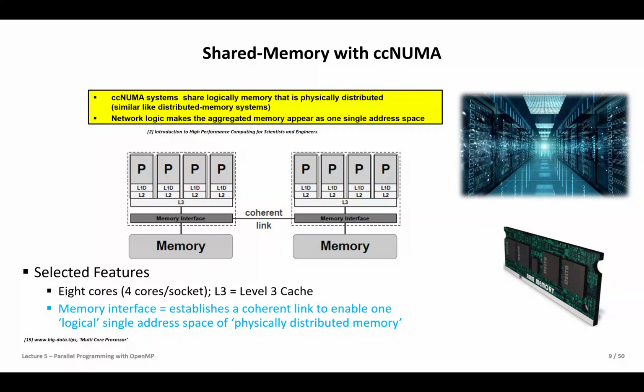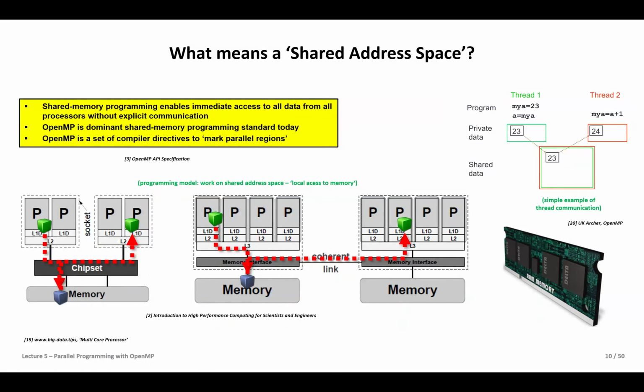And this is an important factor. So you as a programmer don't really need to know this, right? Just to review again, CC-NUMA and all the details. Although it's physically distributed memory, you actually program it as shared memory, and that's the point. So that is what I was mainly alluding to with this shared address space.